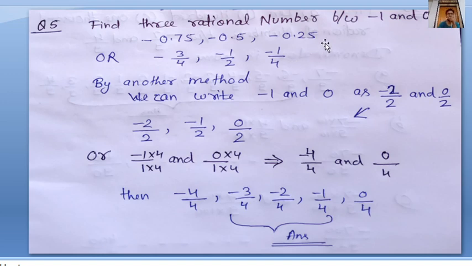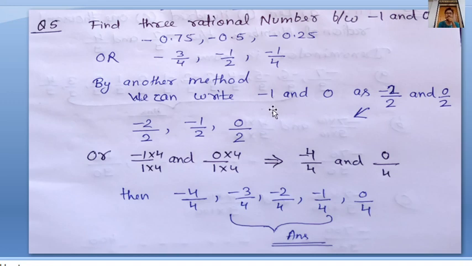Now, with the help of decimals it is very easy. But with the help of fractional form, let us understand it again. Minus 1 and 0, you can write as minus 1 upon 1 and 0 upon 1. Multiply its numerator and denominator by 2.